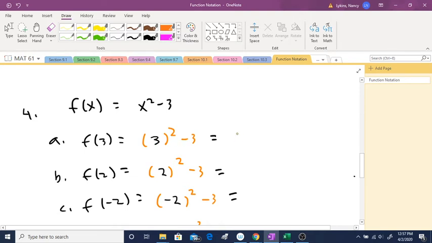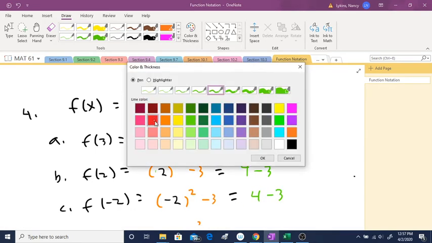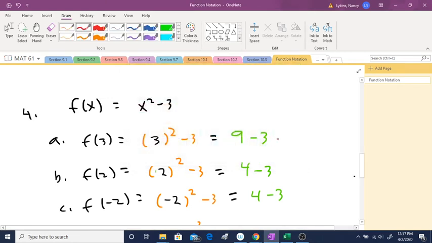So 3 times 3 is 9. 9 minus 3. Look at my 2 squared. It's 2 times 2, which is 4 minus 3. And finally, -2 times -2 is 4 minus 3. And if I carry out these operations, I get 9 minus 3 is 6. 4 minus 3 is 1. 4 minus 3 is 1.